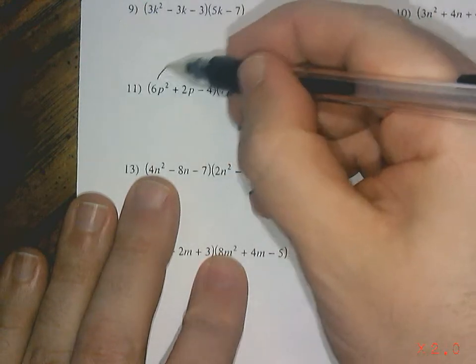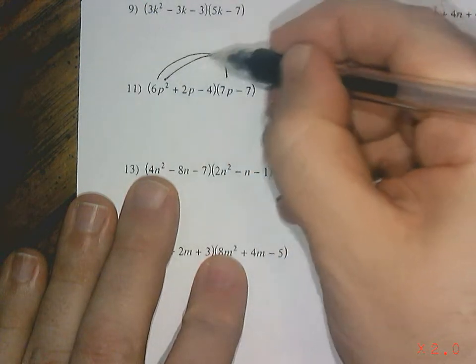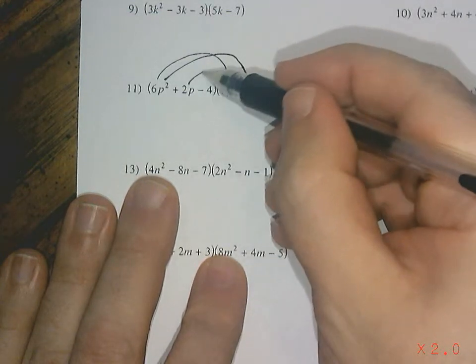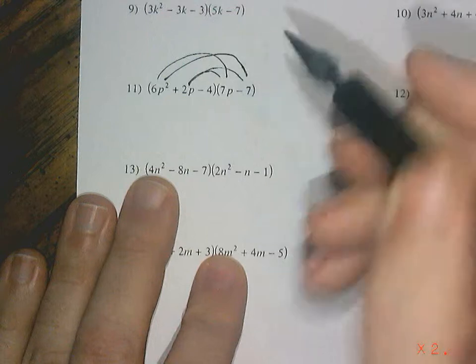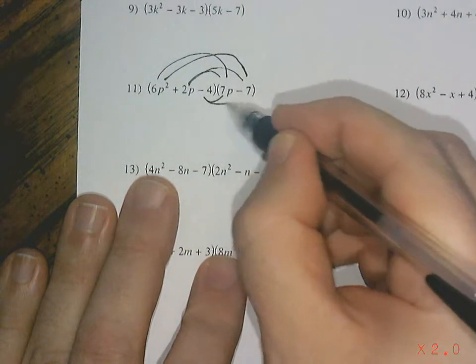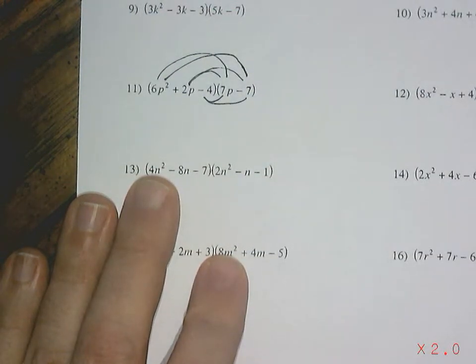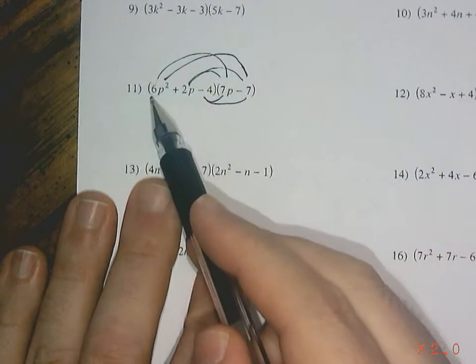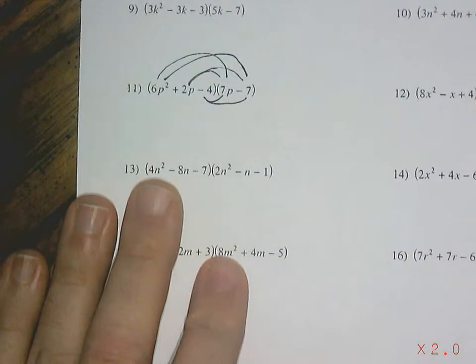So this 6p squared has to multiply with both terms. This 2p has to multiply with both terms. And this negative 4 has to multiply with both terms. So we're going to get kind of a big number, and there's going to be several like terms to simplify, but let's go through this just doing one distributive thing at a time here.